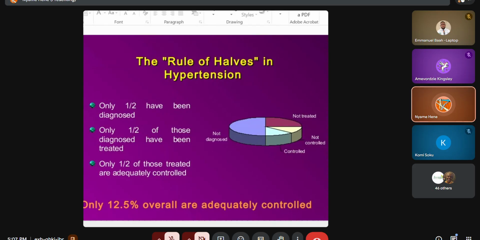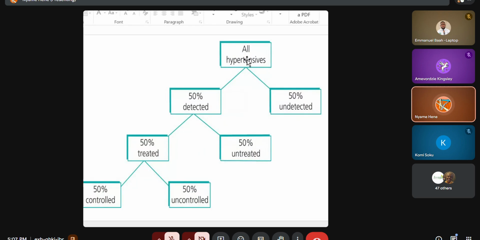So only 12.5% overall are adequately controlled. That is the rule of halves. Out of 100, only about 12.5 are adequately controlled. All hypertensives: 50 detected, 50 undetected. Out of the 50 detected, 25 treated, 25 untreated.